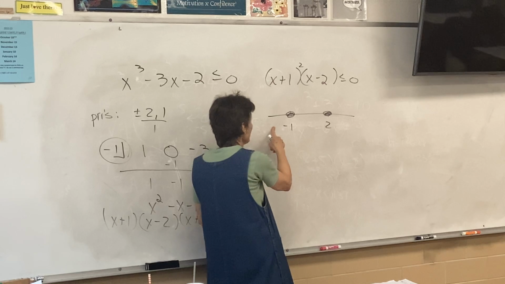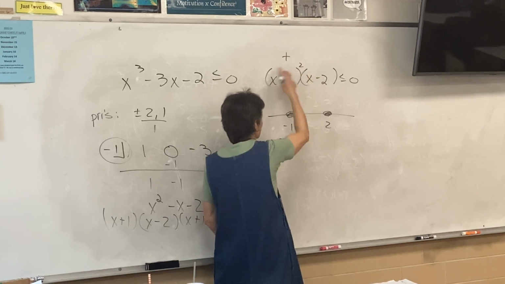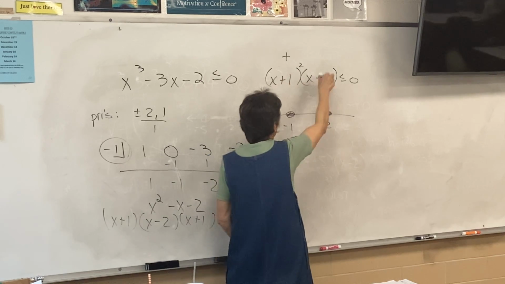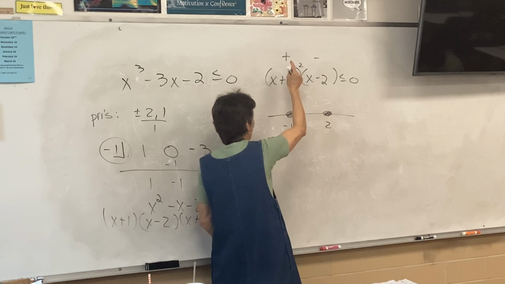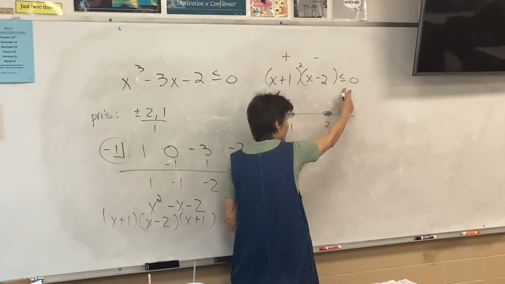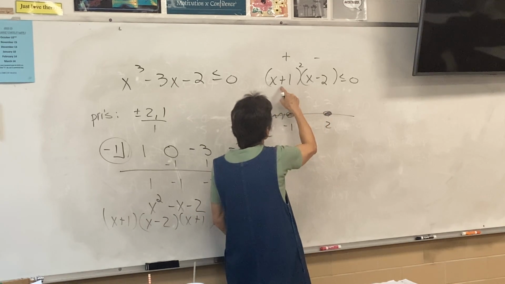So if I put in a -2, this is going to be positive because it's always going to be positive, but a -2 will make this one negative. When I multiply a positive times a negative, do I get this? Yes. So, got it. All right, now I'll try 0.